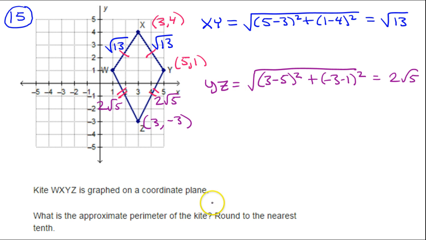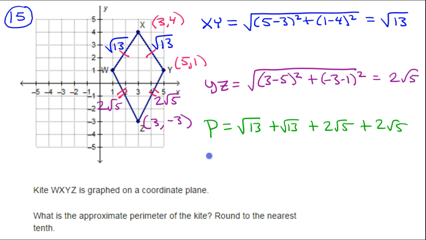Okay, so now we're ready to find the perimeter. The perimeter should be the sum of all four sides. So it should be radical 13 plus radical 13 plus 2 radical 5 plus 2 radical 5.